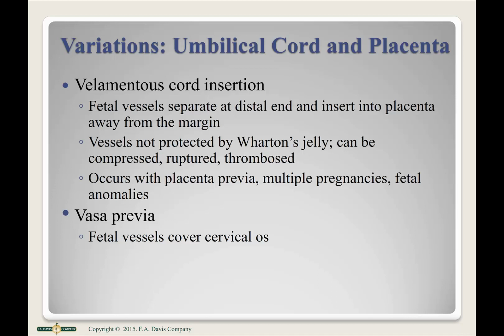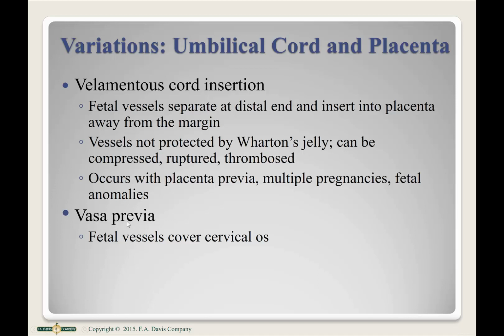So those vessels in that velamentous insertion site, first of all, those vessels should be in the placenta. And number two, those vessels aren't being protected by any kind of Wharton's jelly, okay? So this is a risk for those vessels being severed and causing a massive hemorrhage for both baby and mom.